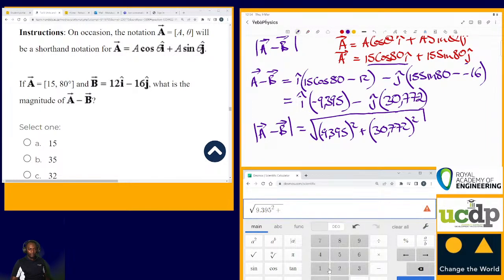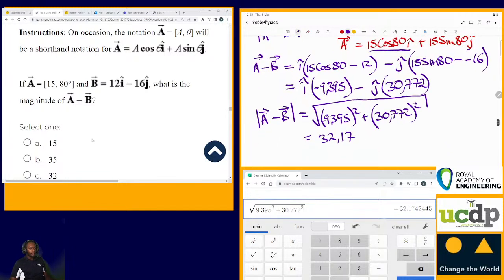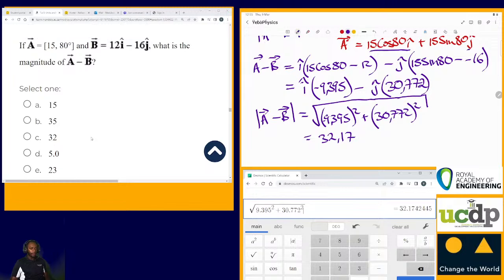We get a magnitude of 32.17. If you look at our answers, they are just given to two significant figures, so I think it's fine that we give just that. That becomes our magnitude.